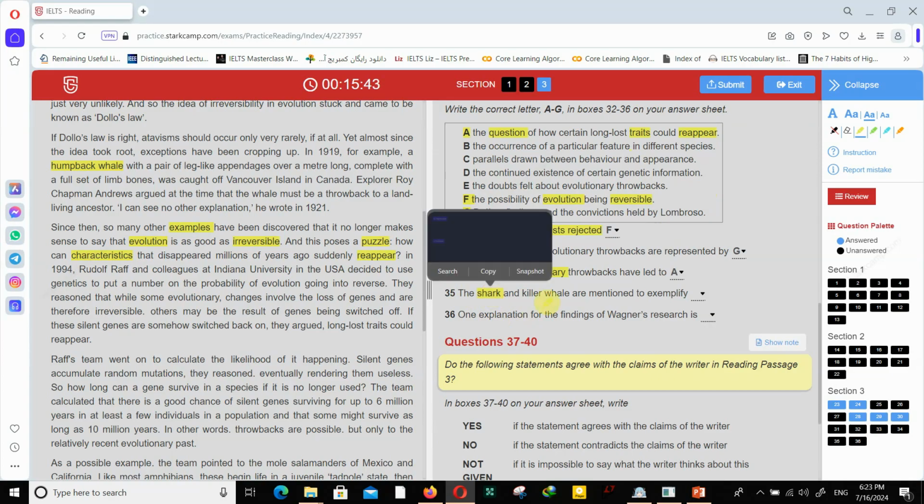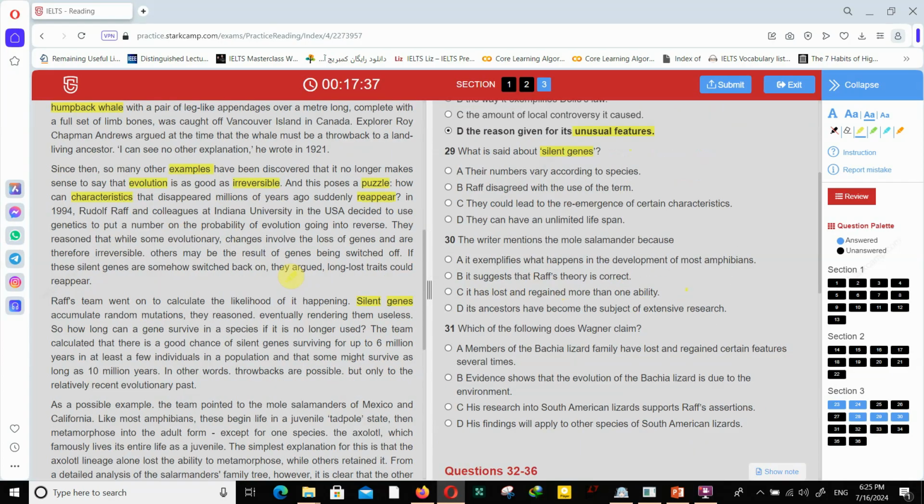35. The shark and killer whale are mentioned to exemplify what? Okay, moving back to the passage. We are actually here, I think, suddenly reappear. In 1994, Rudolf Ruff and colleagues at Indiana University in the USA decided to use genetics to put a number on the probability of evolution going into reverse.